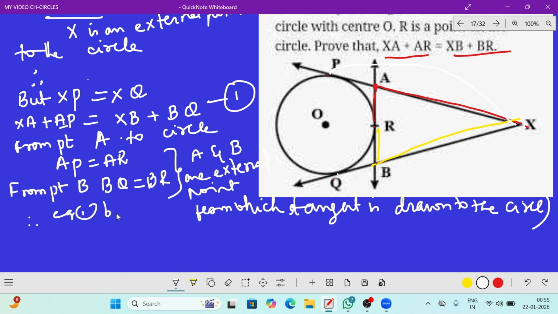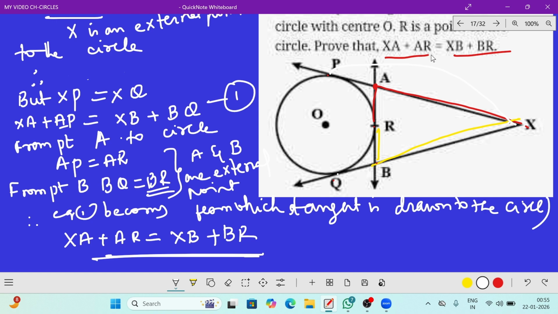Equation 1 becomes XA plus AR is equal to XB, and in place of BQ I can write BR. This is how we got the relation XA plus AR is equal to XB plus BR.